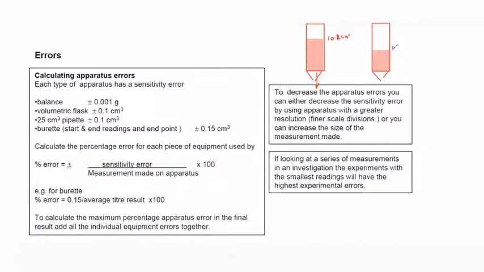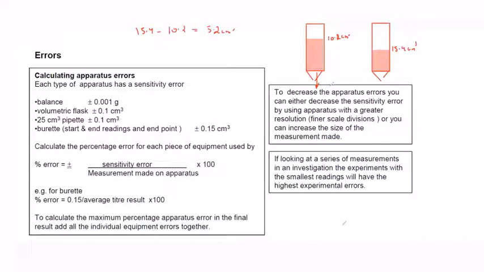Say it's 15.4. So what is the volume of the liquid which you removed or used for the experiment? It's 15.4 minus 10.2, which is equal to 5.2 cm cube. So 5.2 cm cube is a calculated value.